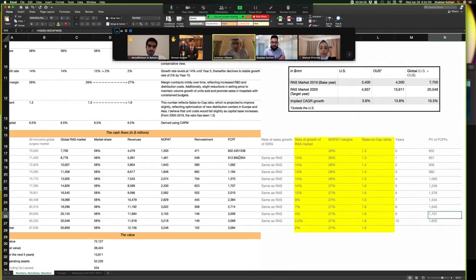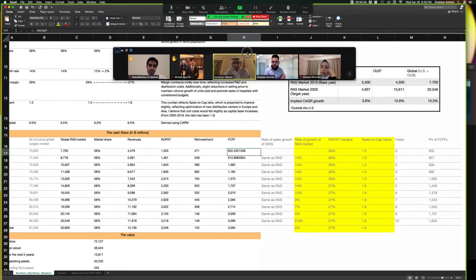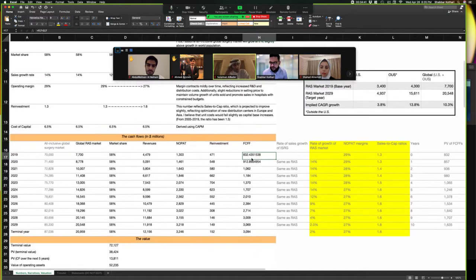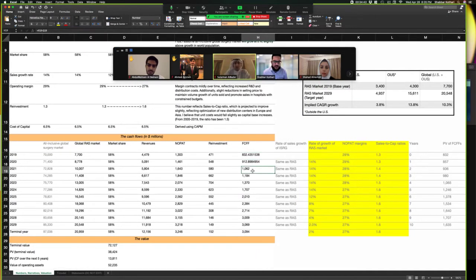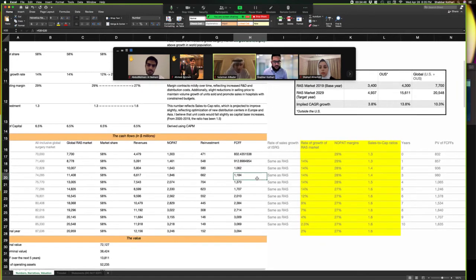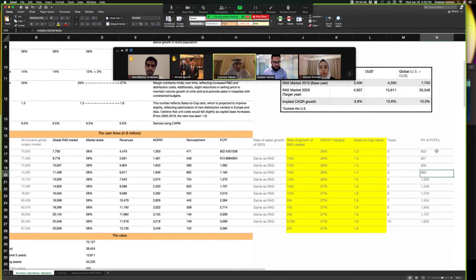That's correct. So say, for instance, in the case of H17, we've got $832 million as free cash flow for 2019. No, I tell you what. Let's take a future year here. Let's say 2022, and we forecast that ISRG is going to generate $1.2 billion of free cash flow that year. This is the basic DCF equation.